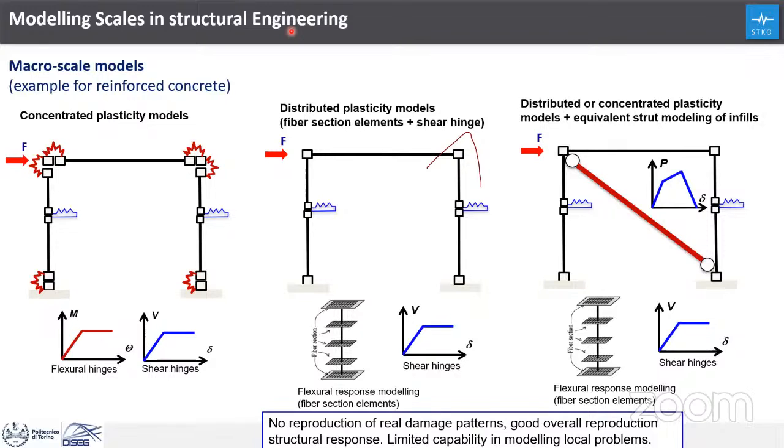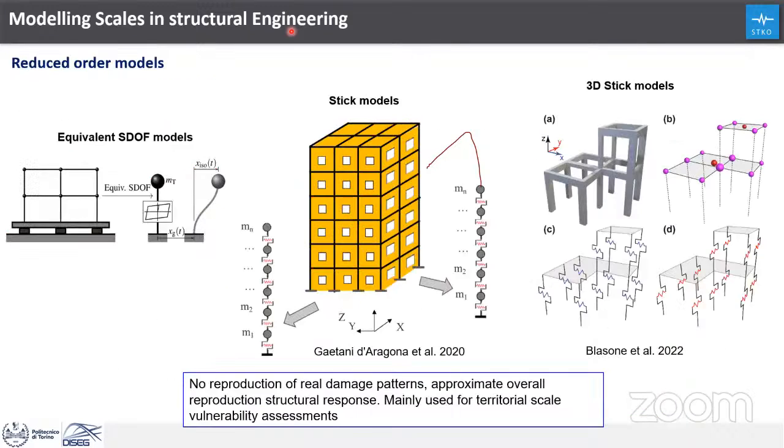All these kinds of models are at the macro scale, and we are combining some mechanical models together with some phenomenological assumptions. This is good to approximate the response, but it is limited in revealing local problems.